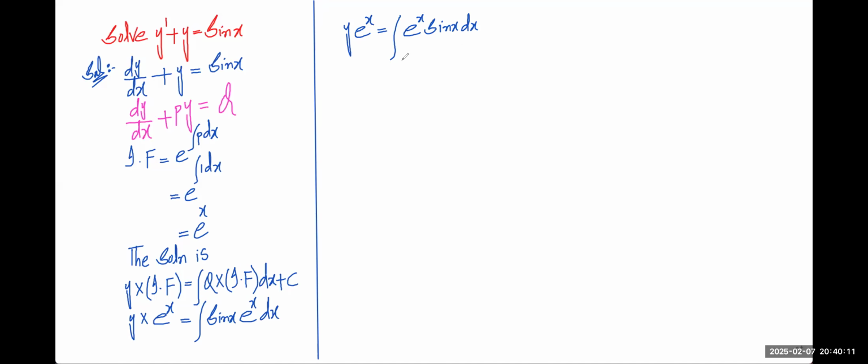The formula is integral of e power ax sin bx dx is equal to, according to the formula, e power ax by a square plus b square into a sin bx minus b cos bx.